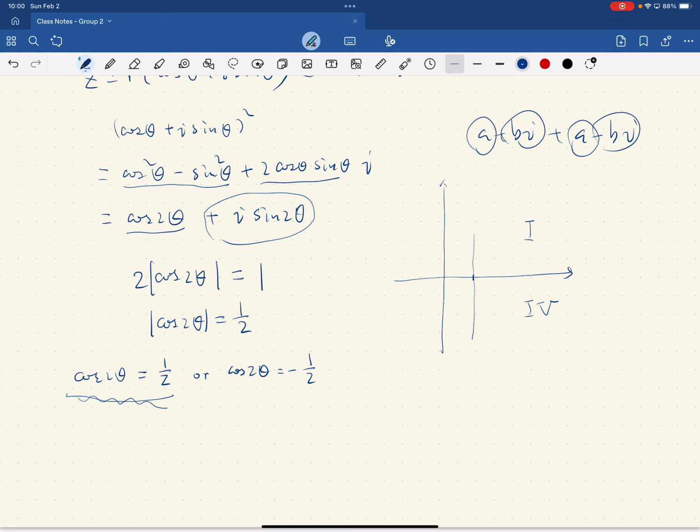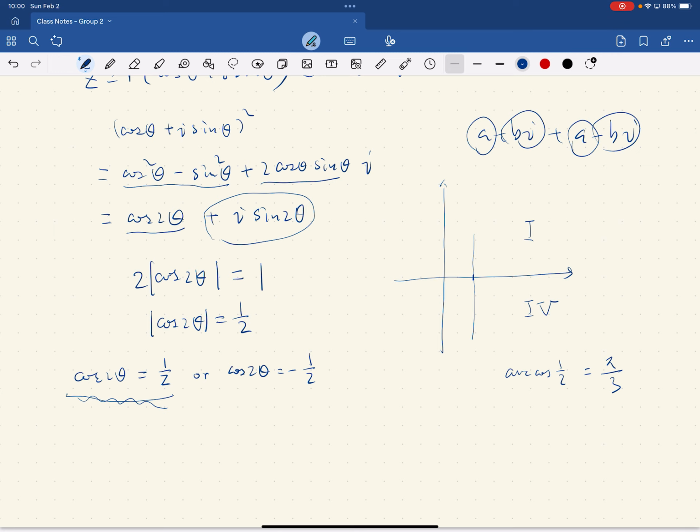It means that because we know arc cosine 1/2, this is pi over 3, right? Arc cosine 1/2 is pi over 3.